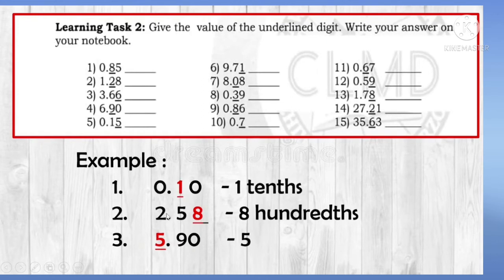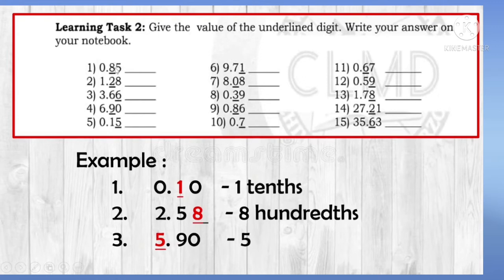Number 2, 2.58. What is the value of 8? So since yung 8 ay nasa hundredths, so ang value niya is 8 hundredths. Okay? Then next, number 3, 5.90. So 5 is a whole number. So the value niya is 5. Okay? Yan. So that is how you answer learning task 2.